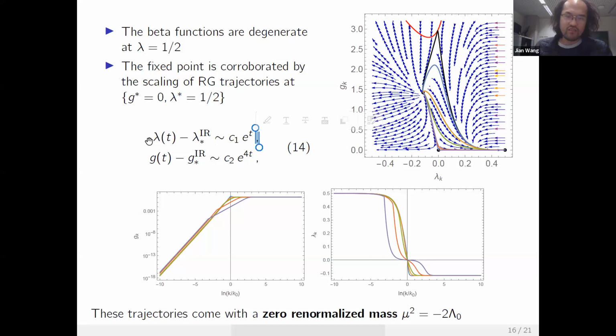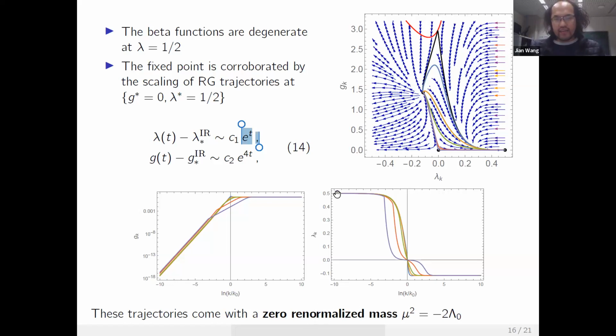We can also analyze the scaling around this fixed point for the cosmological constant, which goes like this. So in this sense, all the RG flows in this region have good limits, so this point can serve as an infrared fixed point of the theory.